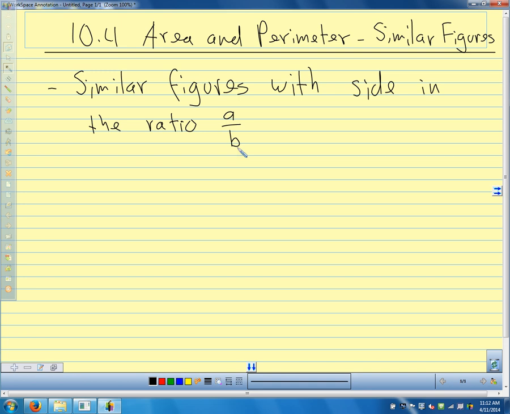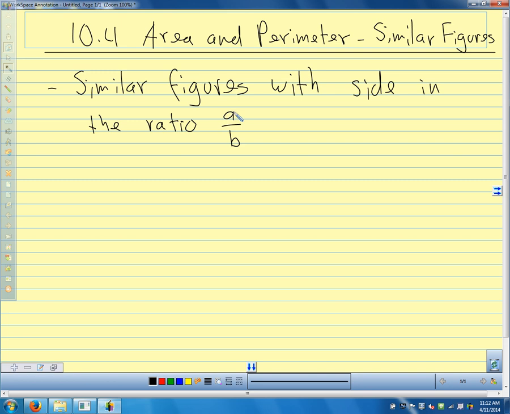Now before we go on, let's think about what we talked about in the last chapter, when we made a ratio of the side lengths when we were talking about dilations. What was the other word that we used for the ratio of the lengths when we did dilations? Do you remember? When we took the length on the bigger piece and divided by the length of the smaller piece when we did the dilation.